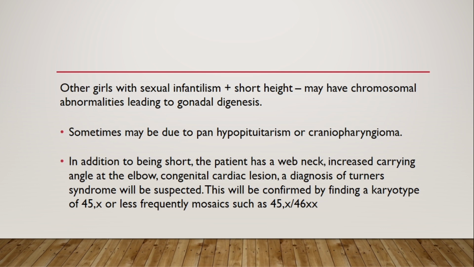Other girls with sexual infantilism plus short height may have chromosomal abnormalities leading to gonadal dysgenesis. Yes, we've said that earlier on. Short-statured women may have chromosomal abnormalities. Most short-statured ladies with chromosomal abnormalities may belong to the group called Turner's syndrome or Turner's mosaic.